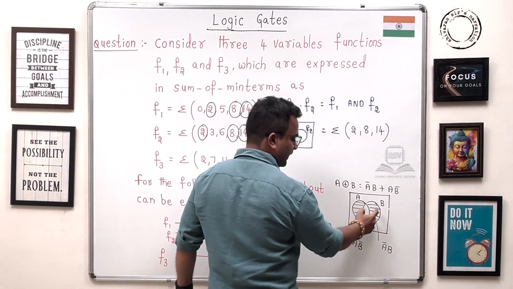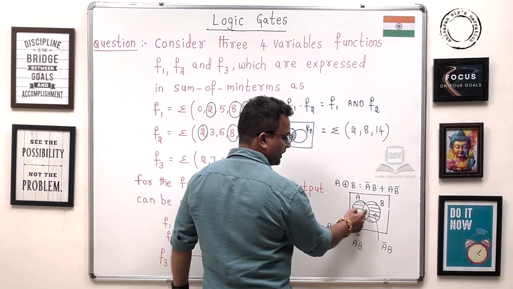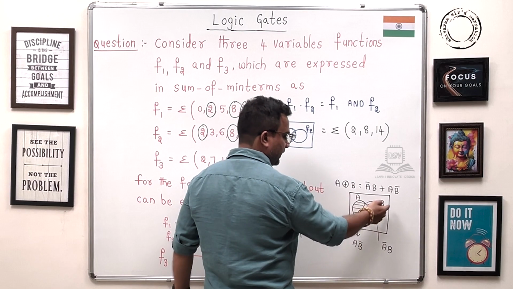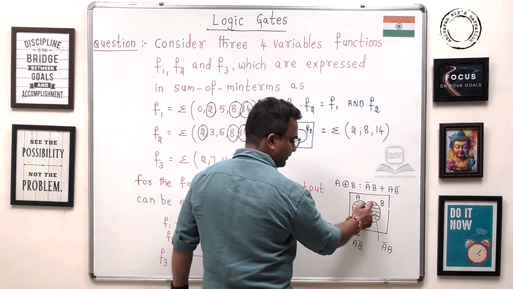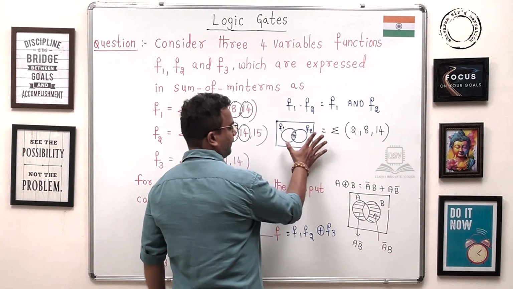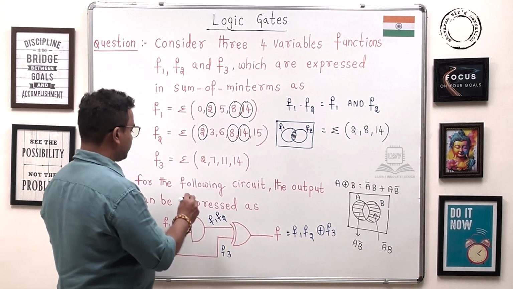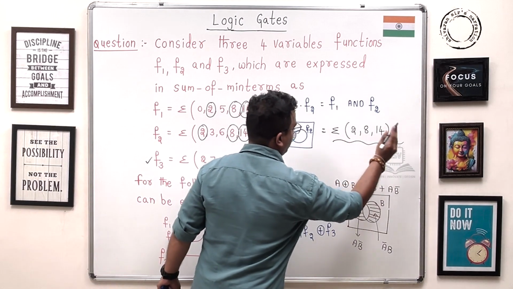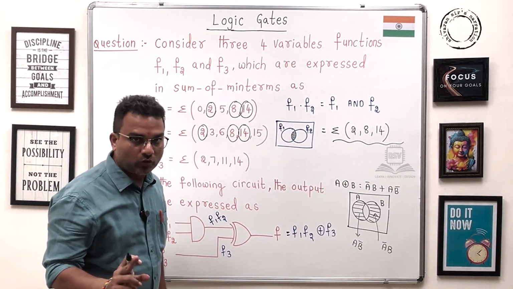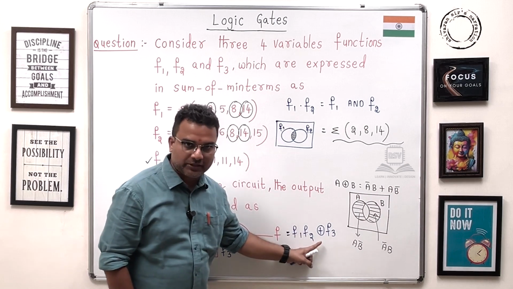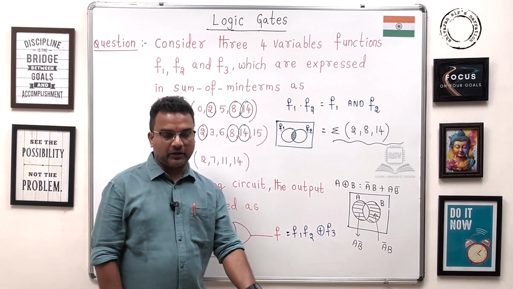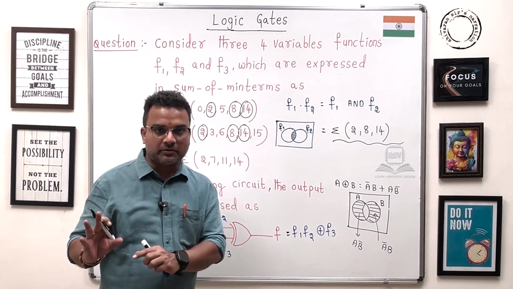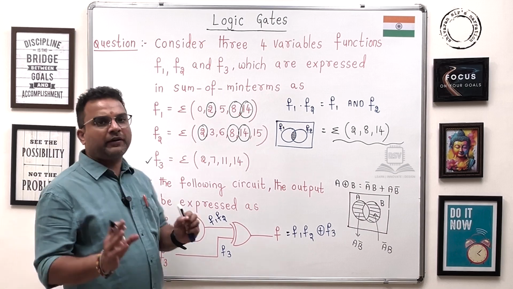Here A is there, B is there, you are not taking the common terms. Other than the common terms present in both A and B, we are taking. The same analysis you now have to apply. Now guys, this is F3. This is the resultant 2, 8, 14. Now what to do? We need to follow the XOR operation now. For the XOR operation, the common terms you need to exclude and the remaining terms present in both the functions we need to consider.